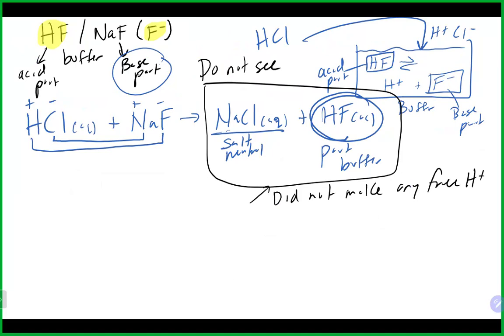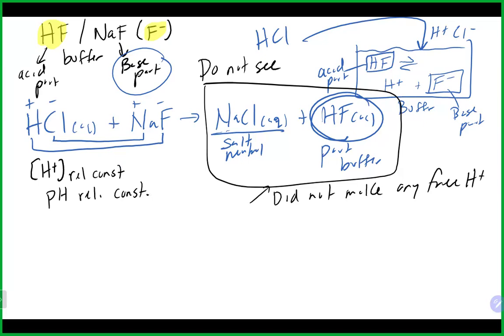And because of that, the concentration of H plus that we started with will remain relatively constant. And because the H plus concentration stays relatively constant, the pH will also remain relatively constant as well.